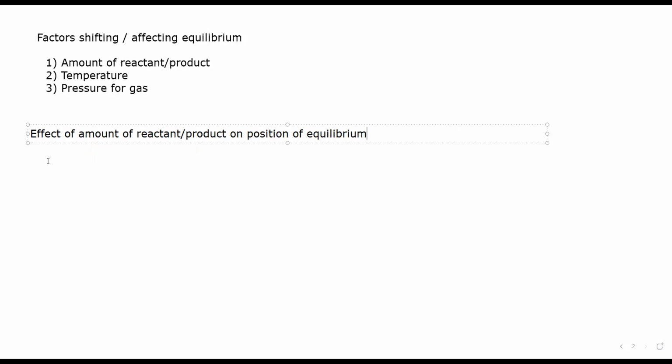How does the amount of reactant or product affect the position of equilibrium? It has four parts. Number one, if we add reactant, like if we increase the amount of reactant. For example, you have a reversible reaction in which the reactants are forming a product, and the product is decomposing, forming back the reactant again.